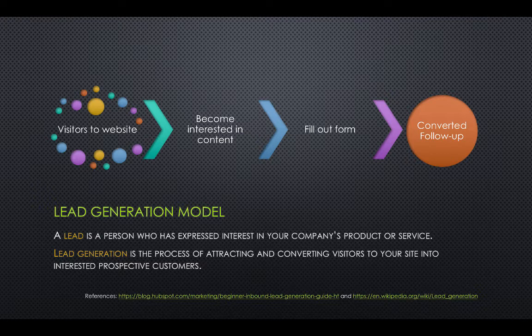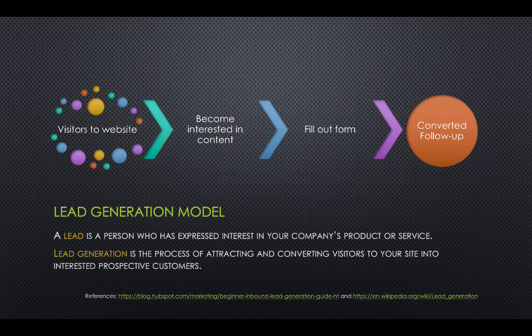And for those who are truly interested, they can fill out a form, talk about what it is that they are specifically interested in, if there are multiple services, and then a salesperson at that company will receive the email and follow up with that person. That is a lead because now they become a prospective customer.